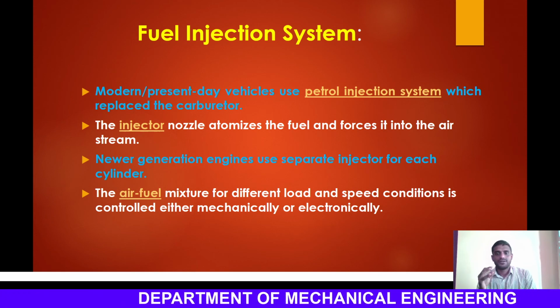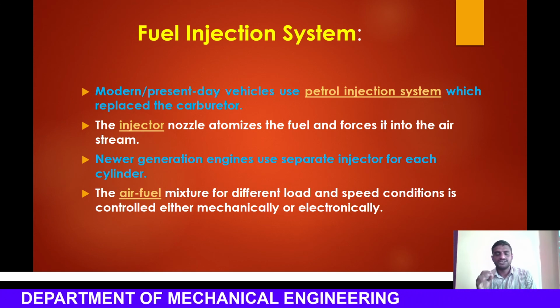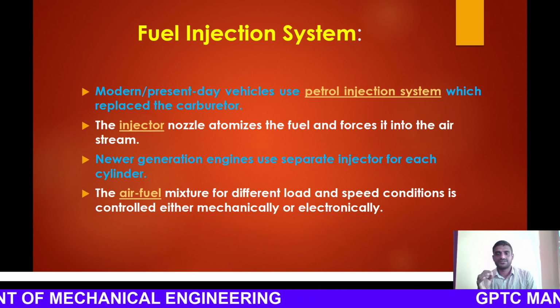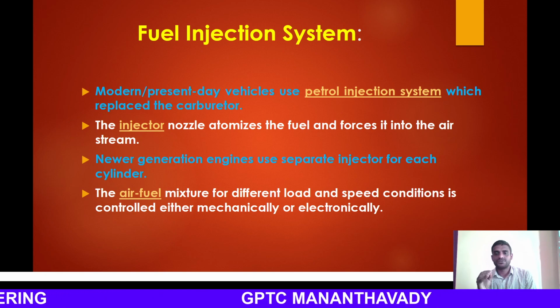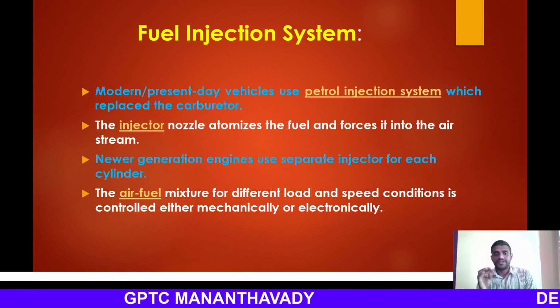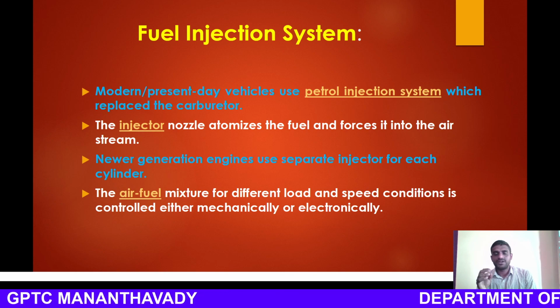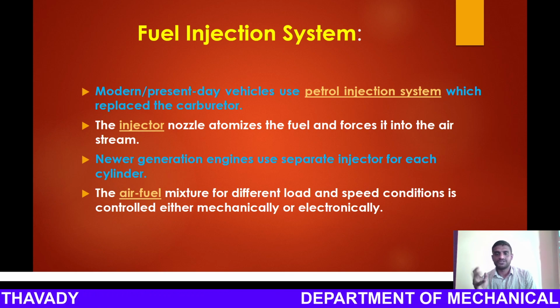Cruising conditions will be different, so in each condition the requirement is different. Based on that, the electronic control modules or engine control units sense the requirement, and accordingly we deliver the fuel mixtures.